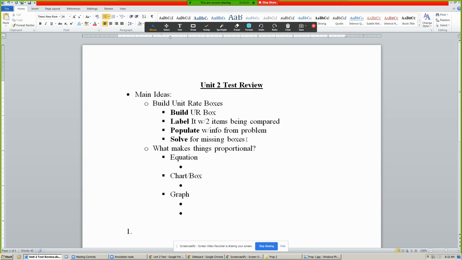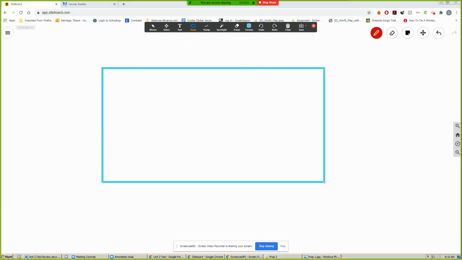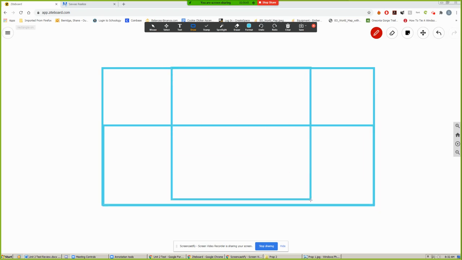Unlike last unit, I'm going to leave this review up for you to use if you'd like. I know some people wanted it. Again, we're looking at building our box. We're looking at labeling.